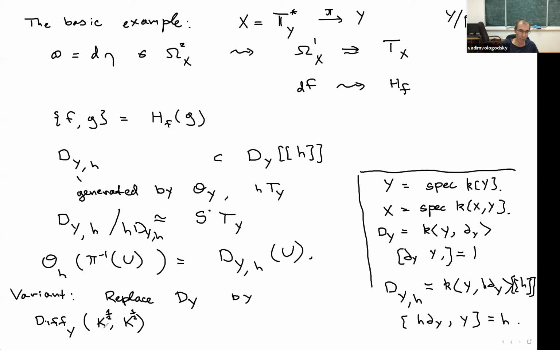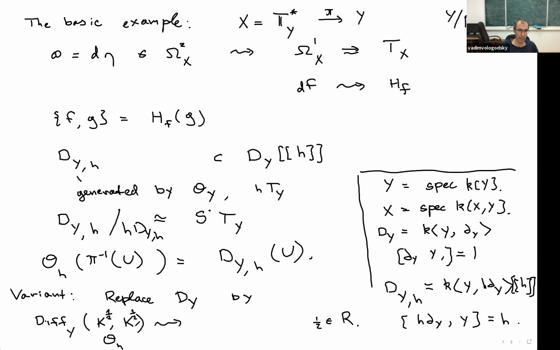Even though it's not a vector bundle, not a line bundle, differential operators from this fractional power are still defined. You can construct this algebra, for example, first by choosing local trivializations and then gluing. So you first do it for integral powers and then observe that the resulting algebra is defined for any fractional power as well, provided again that 1/2 is in R. Okay, and this gives me a quantization.